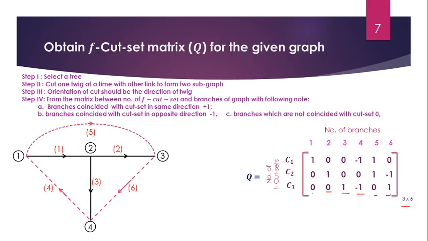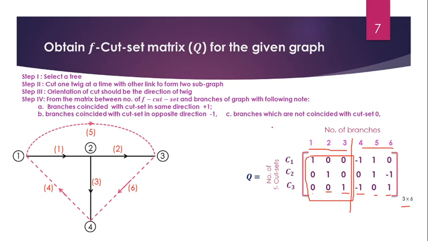Also from this observation you may find that 1, 2, 3 form the twig matrix, which is always a unity matrix, and 4, 5, 6 are links. So if we select the tree in such a way that twigs come first and links later, then there is no problem.